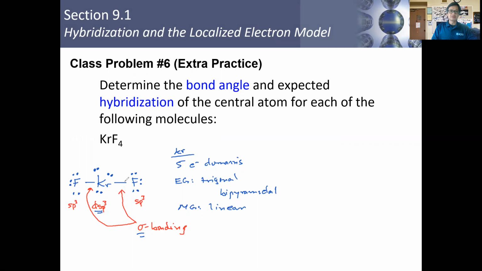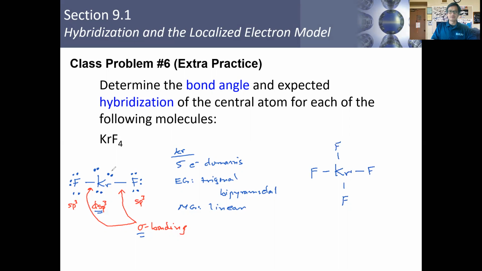So hopefully you recognize that in order for krypton to accommodate 4 fluorines, it's going to have to take one of these lone pairs also and split them out. So let's go ahead and draw the Lewis dot structure for krypton tetrafluoride, each single bonded to the fluorine. So there it is. There are our 4.